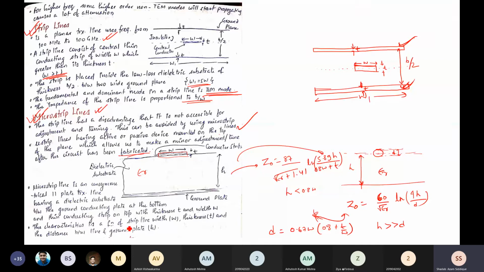The characteristic impedance is a function of the strip width W and thickness T. The distance between the line and the ground plate is H, and in between, the dielectric substrate has a dielectric material with permittivity epsilon r.